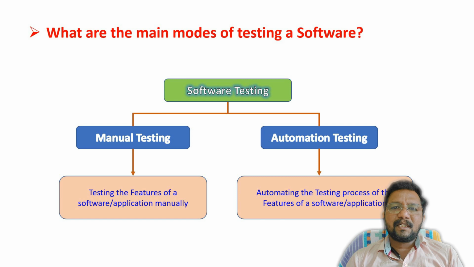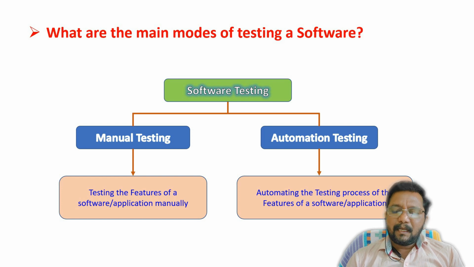By using different types of tools, if we automate the testing process to find whether all the features of the application are meeting the customer's expectations or not, that is called automation testing, friends.